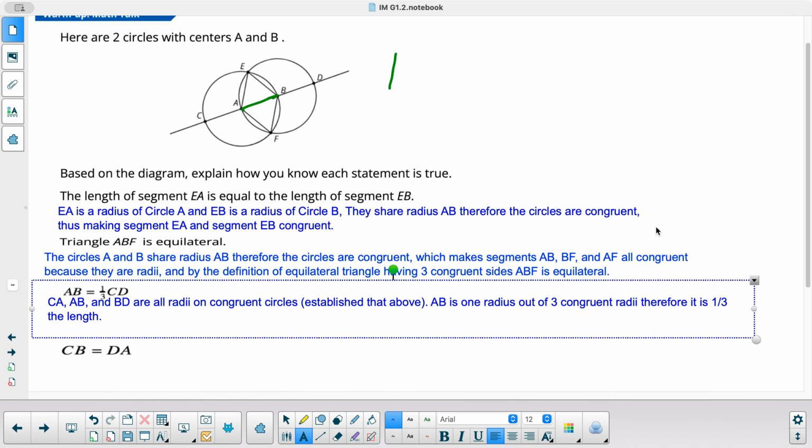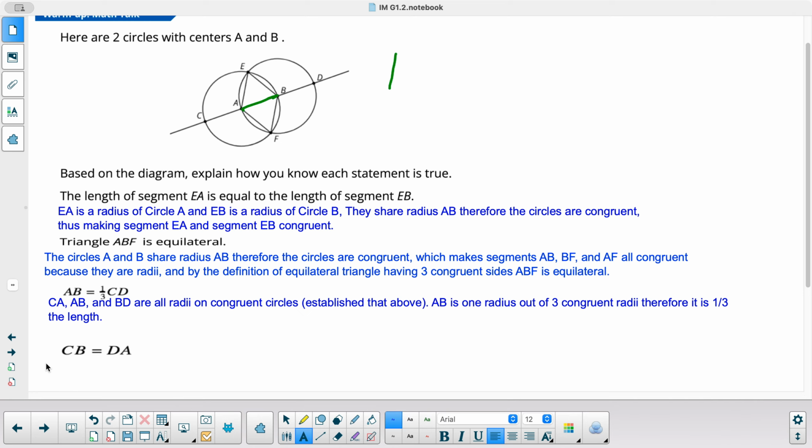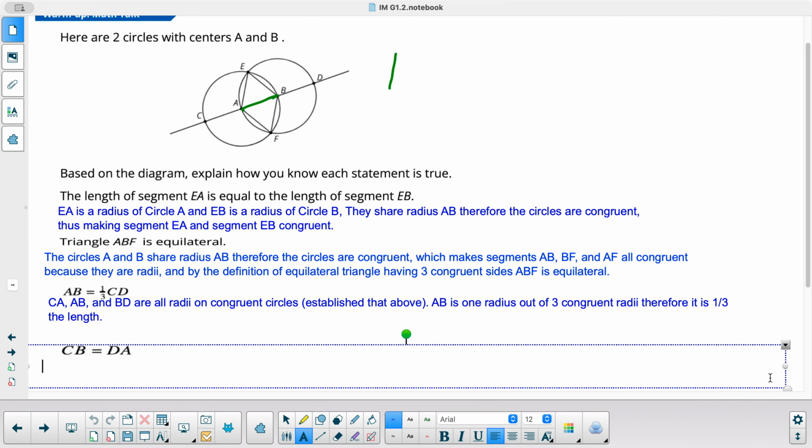All right, how do we know CB is equal to DA? So again, they're congruent radii, so CB equals CA plus AB, and DA is equal to BA plus BD.